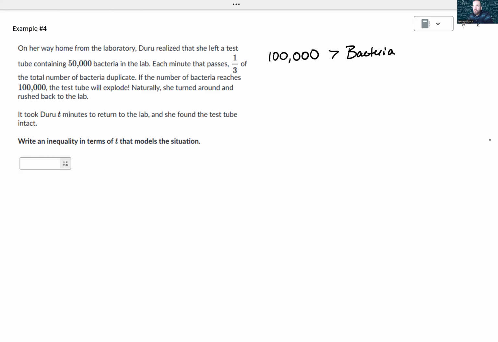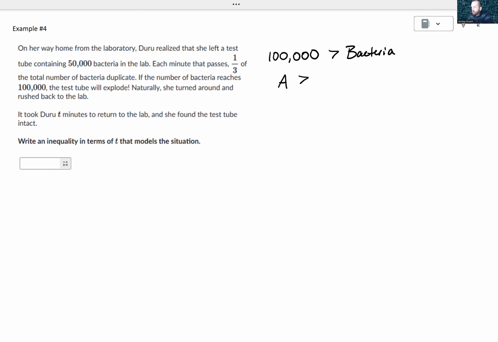Now this is growing exponentially. It says that one third the total number of bacteria duplicates. So the exponential formula for the bacteria is going to be, we're going to say A for our total has to be less than, and now we're going to write what's happening with the bacteria in terms of exponential growth.